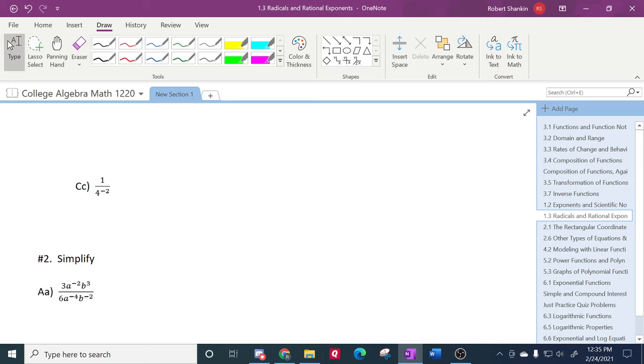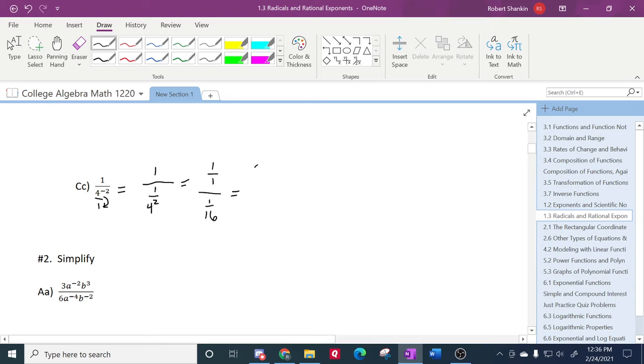Alright, so the top one, if it's a negative exponent, we move it to the other side of the fraction. The reason why we do that is, let me do this one out the long way for a moment. If I just focused on this part, we would do it like this. 1 over 4 to the second, which is 1 over 1 over 16.